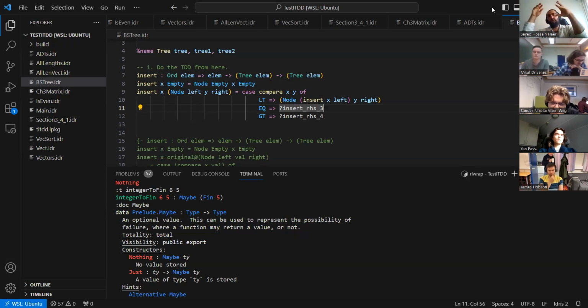If a tree already has one element, then we don't insert it again. Right, so it's just unchanged. So instruct me. Is it just node left, Y, right?